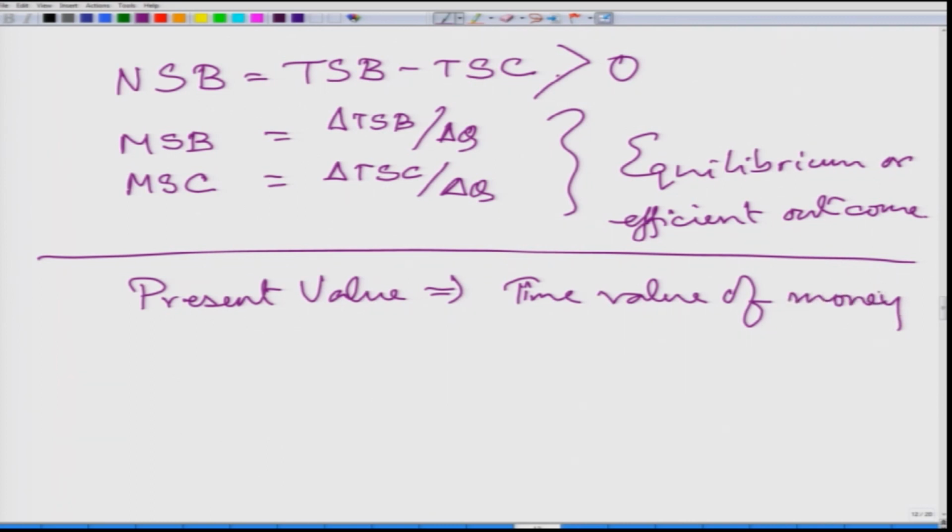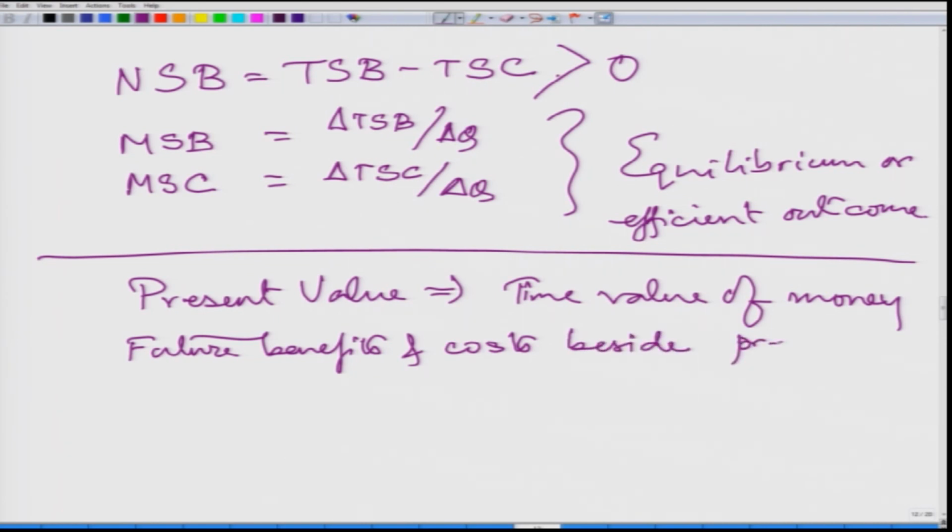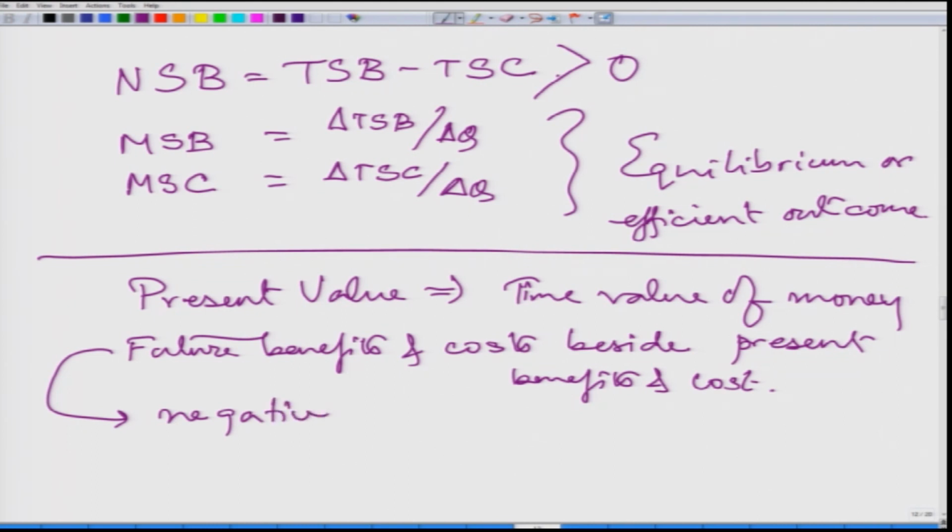So once we do this time value of money, we have to estimate the future benefits and costs beside present benefits and costs. While we are estimating, we have to estimate both the negative side, which is cost, often called negative cash flow, and the positive side, which is benefit.